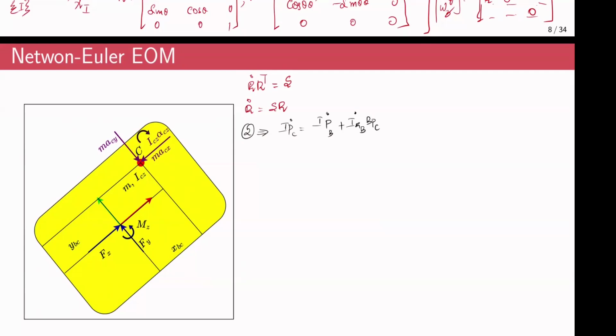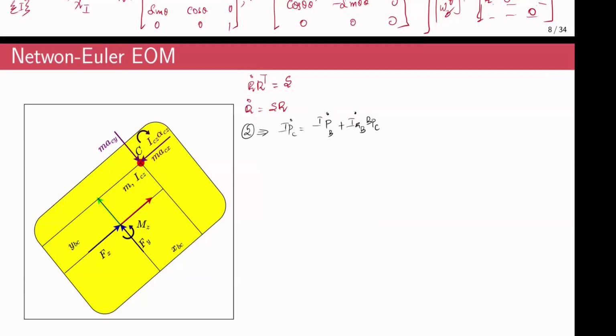Instead of this IRB dot, I'll replace it with SR. Instead of this S, I'll use this omega matrix, because it's a vector of angular velocity.